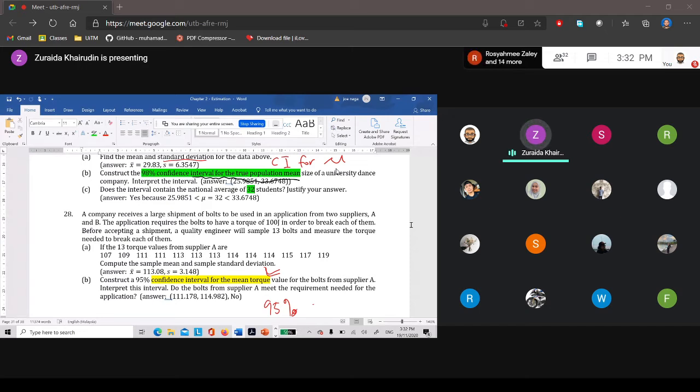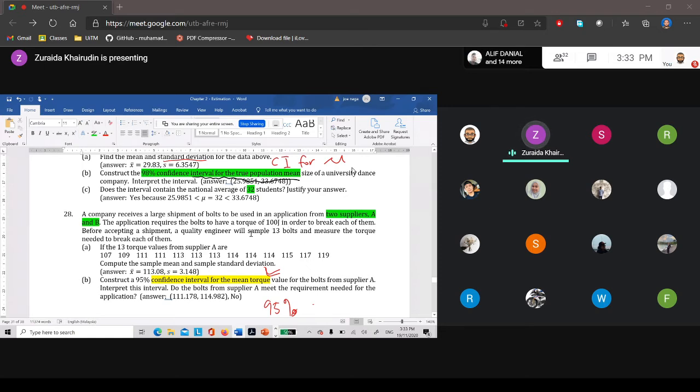A company receives a large shipment from two suppliers. We have two suppliers, that means two populations, suppliers A and B. The application requires the box to have a stock of 100 joule in order to grade each of them.